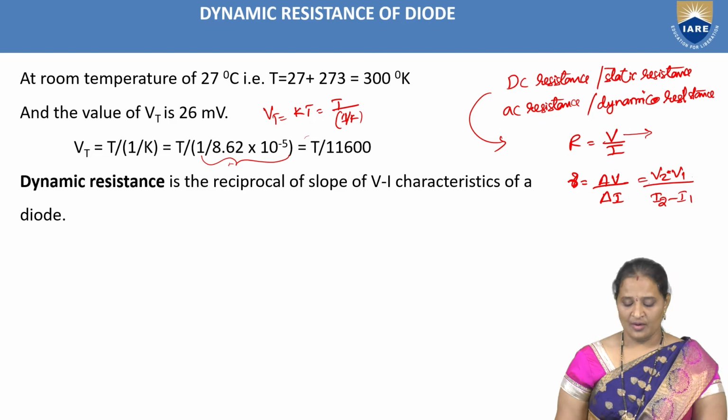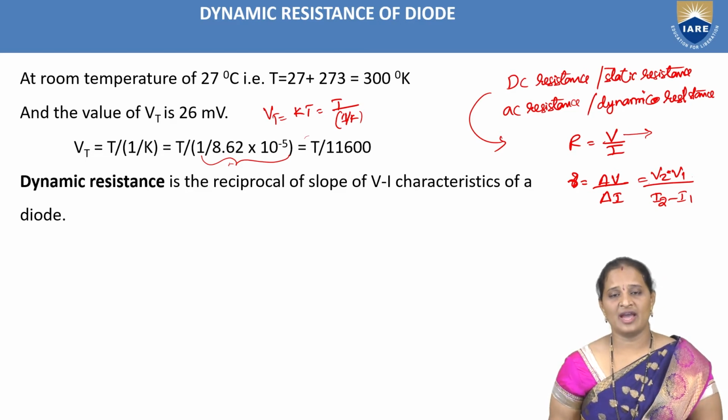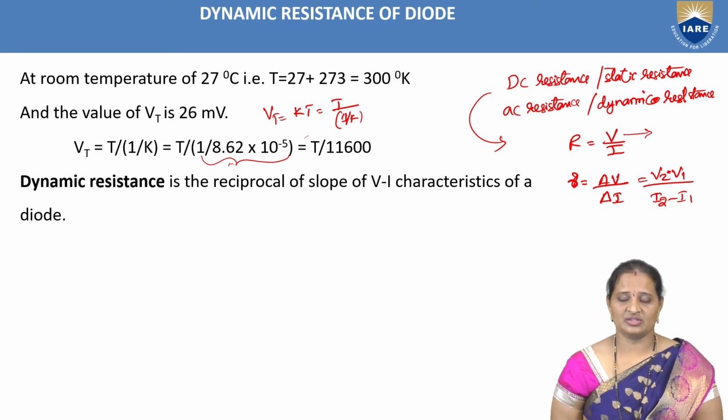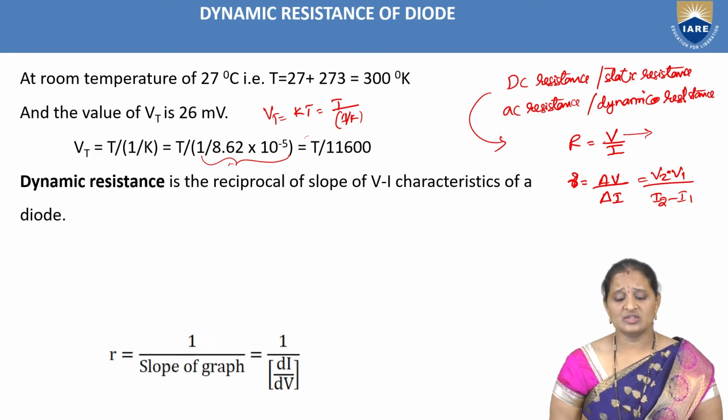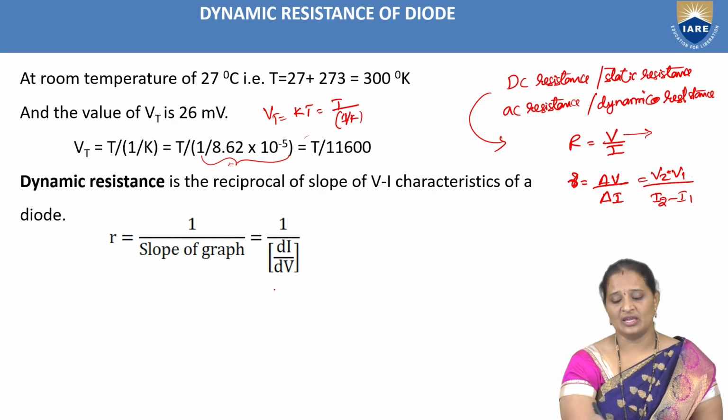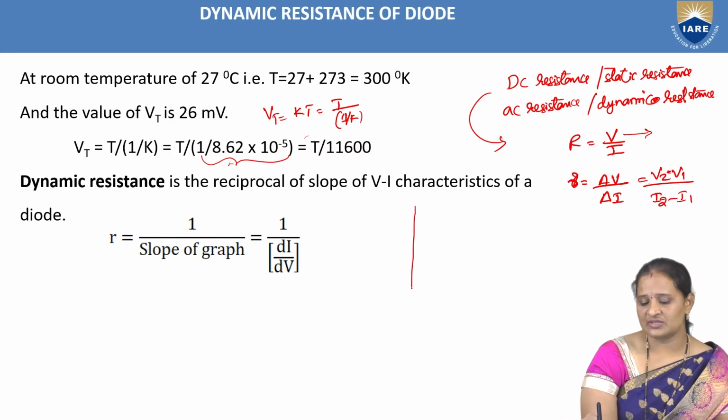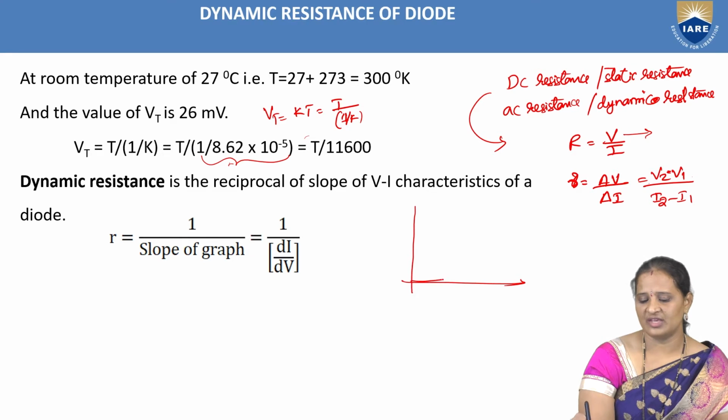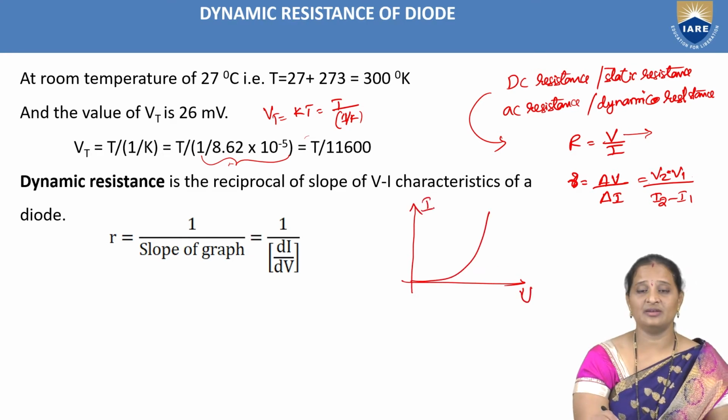So here we can also define the dynamic resistance as the reciprocal of slope of VI characteristics of PN junction diode, which can be shown mathematically. Here the characteristics of PN junction diode are drawn between voltage and current.